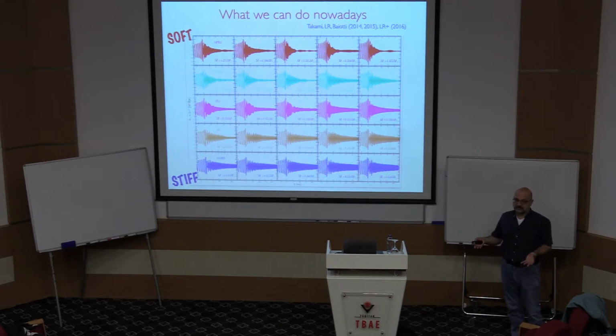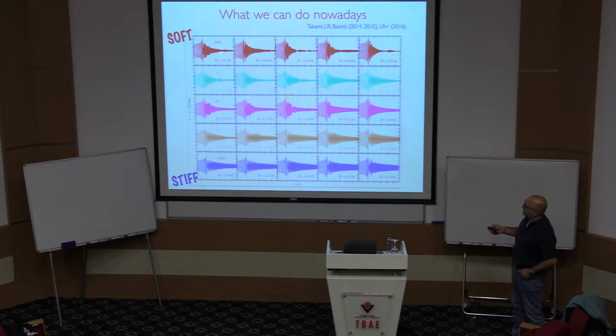This is easy to understand. A soft equation of state means you can compress matter very much, the object is very compact, and so doesn't have large perturbations, large asymmetries, and so it doesn't produce a lot of gravitational waves. Vice versa, with a stiff equation of state, you cannot compress it much, and so you have a big object which is rotating very rapidly and is emitting a lot of gravitational waves.